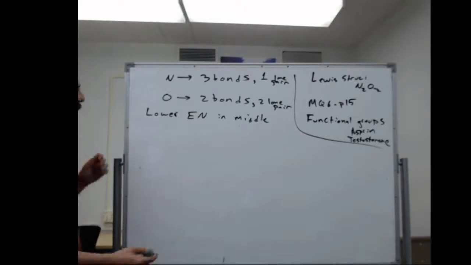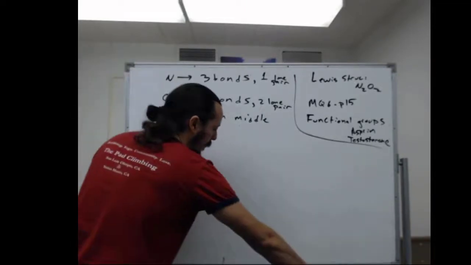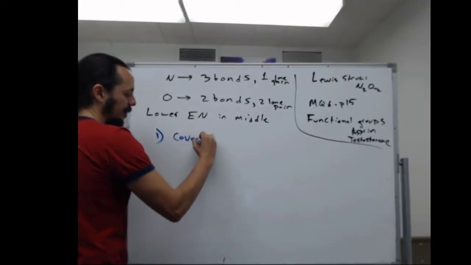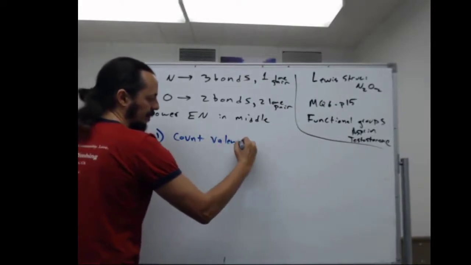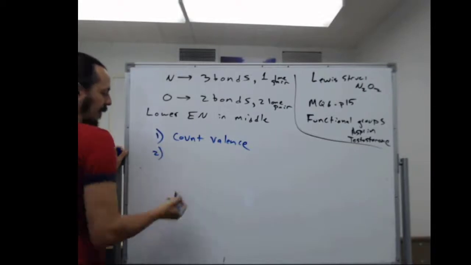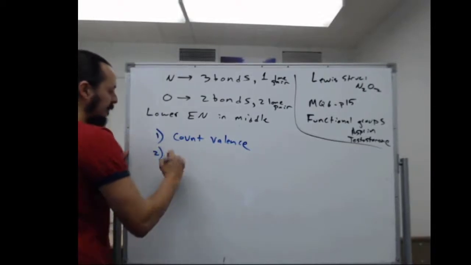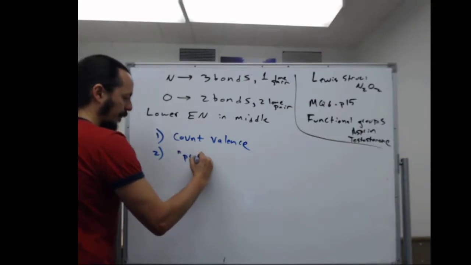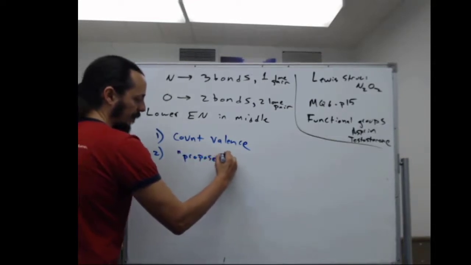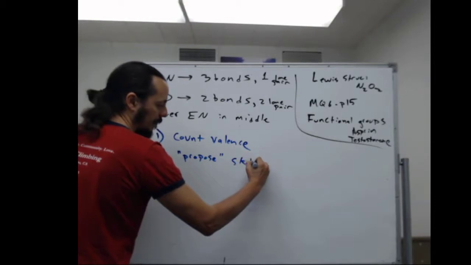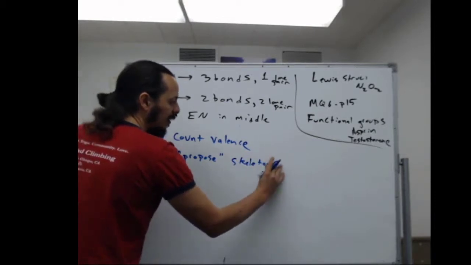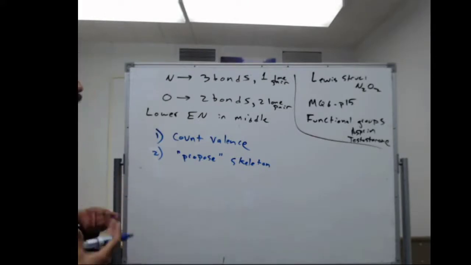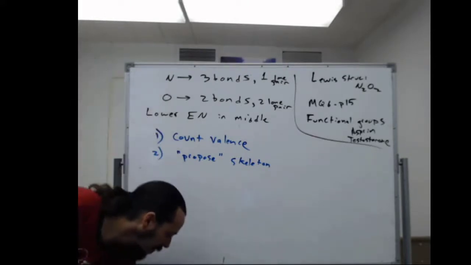So we're going to do this in a couple steps. Step 1, count valence electrons. Step 2, you're going to make a guess skeleton structure.